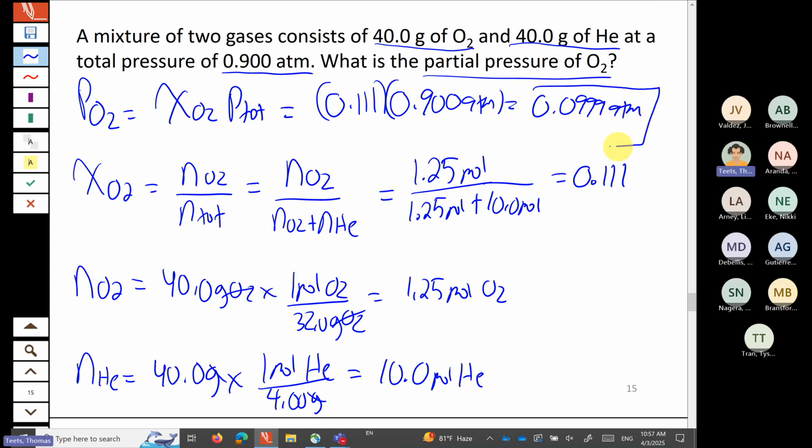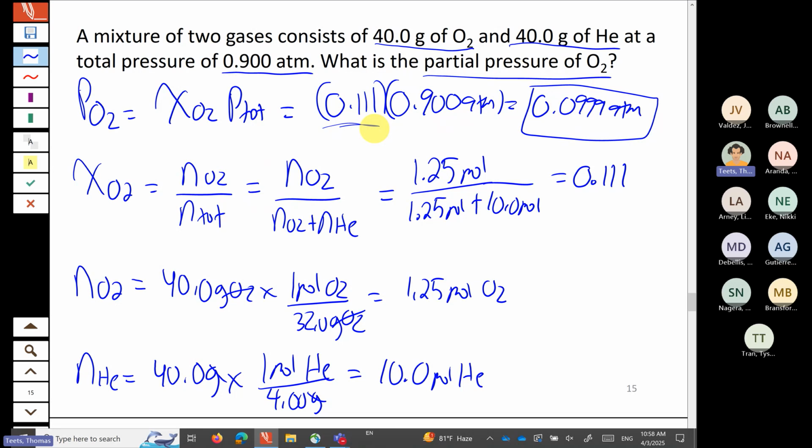So it's an interesting thing to look at because even though we have equal masses of the two gases, 40 grams of each, it turns out that the partial pressure exerted by oxygen is much smaller than that exerted by helium because its mole fraction is so small. Only 11% of the mixture in terms of moles is going to be oxygen, even though they're 50-50 by mass.